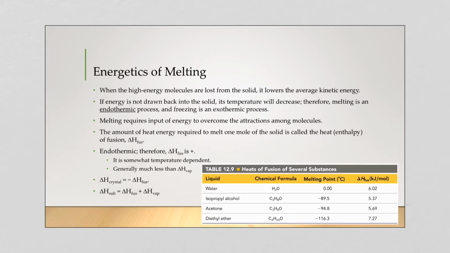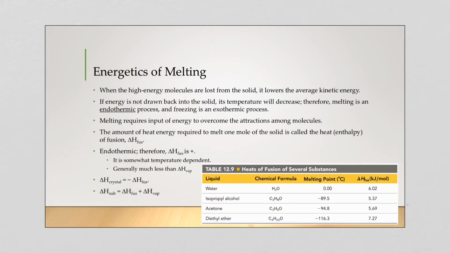Some of the surface molecules of that solid have enough energy to transition into a liquid. They get more freedom, more kinetic energy, and they can now flow off of the solid as a liquid.